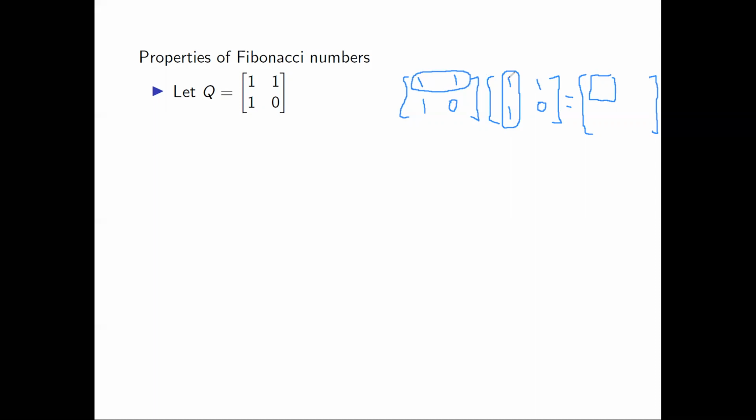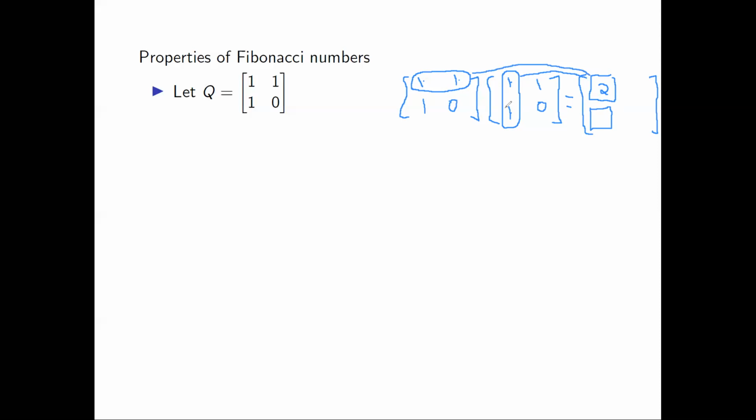When we take that dot product, we get this one right here times this one right here plus this one right here times this one right here. That gives us a 2 right here. So this one and that one together gave us that.